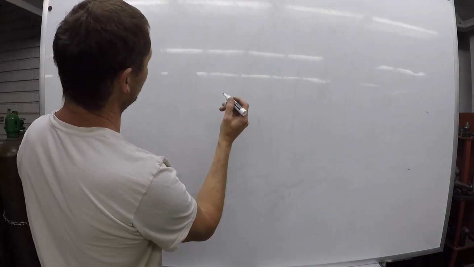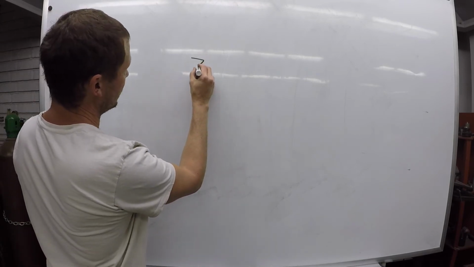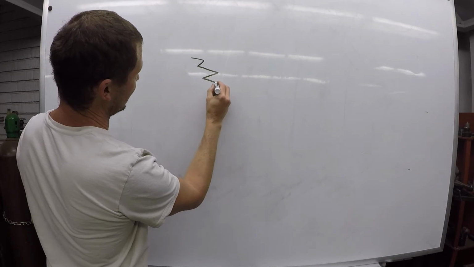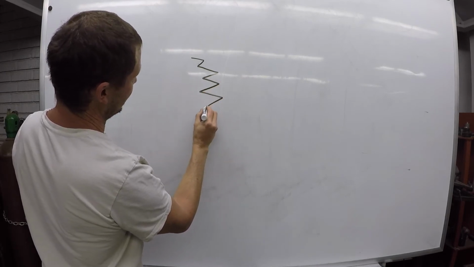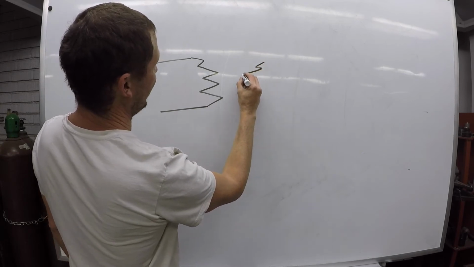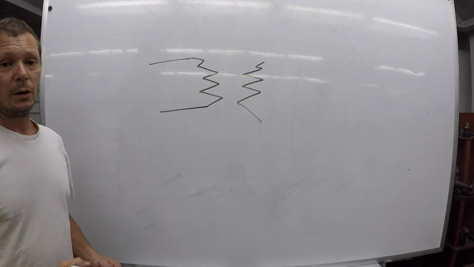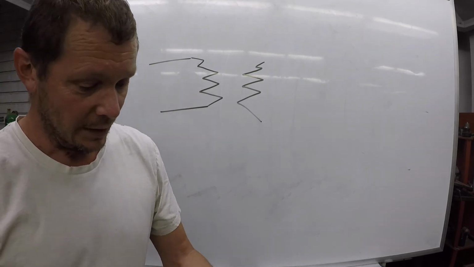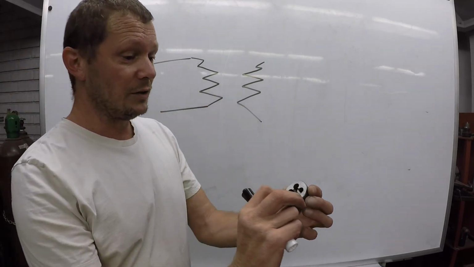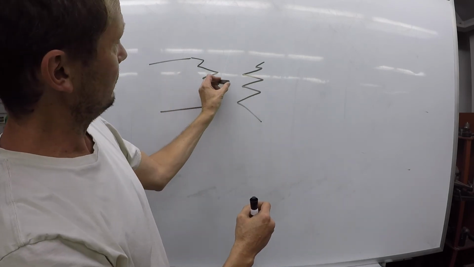If you look closely on the inside of that die, you're going to see it looks kind of like that. That taper part is only 1 or 2 threads, and then it's flat on the bottom. So one side, it's like that actually.